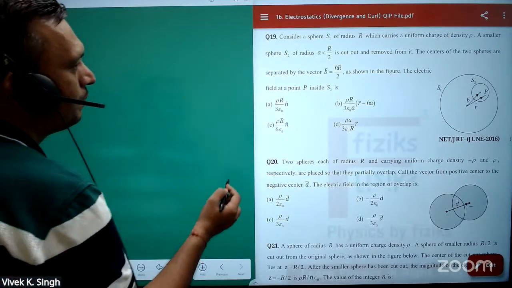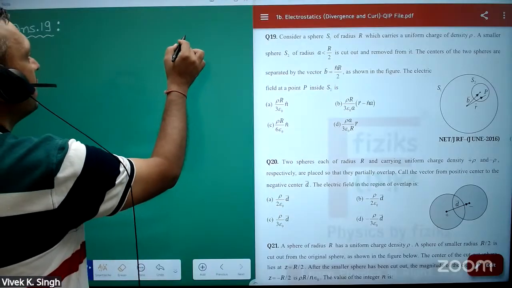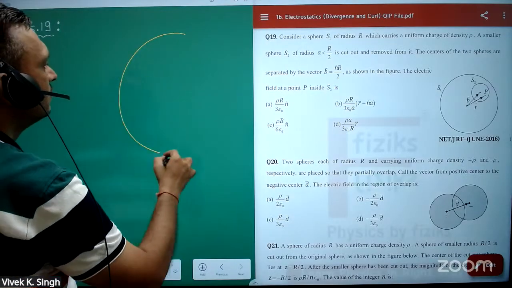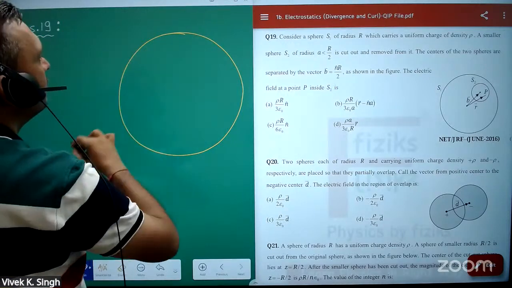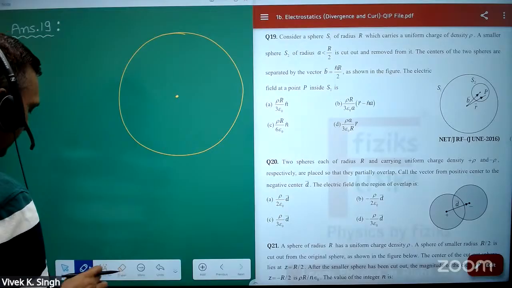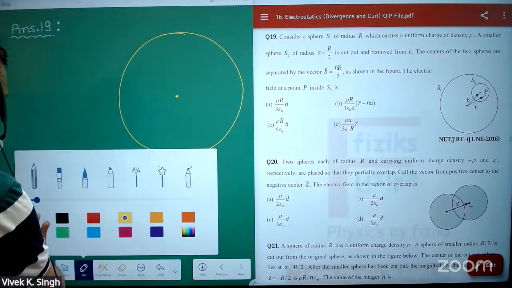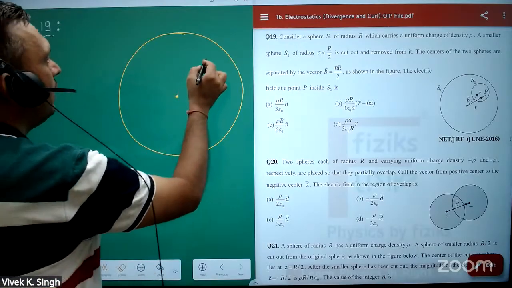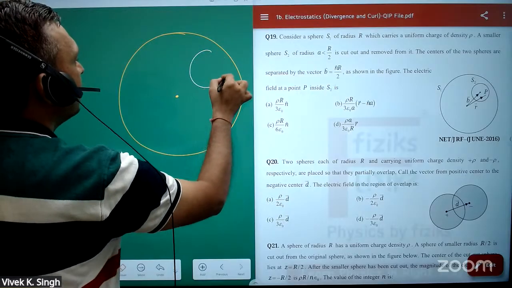So just see, you have a bigger sphere of charge density rho. And there is a cavity inside. Let's make a cavity inside.